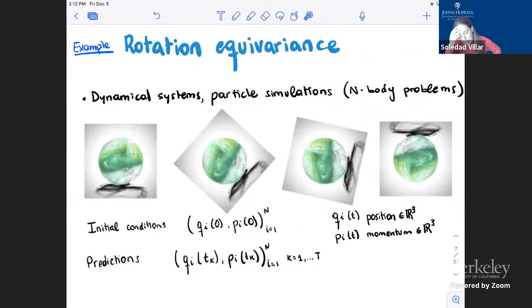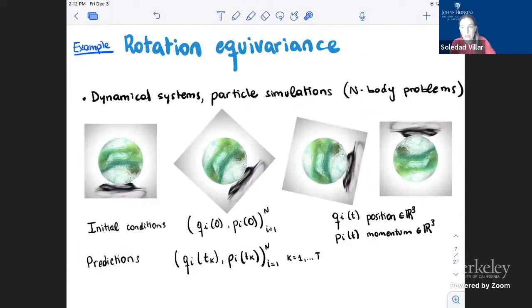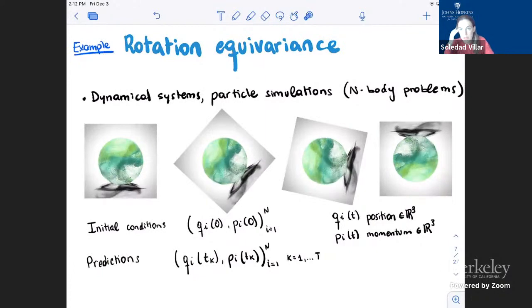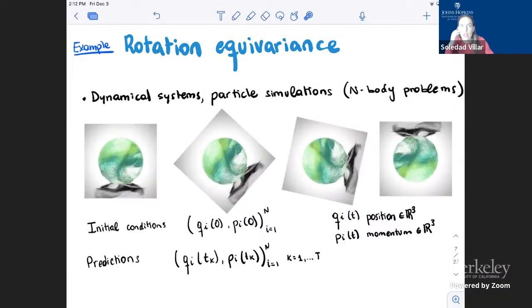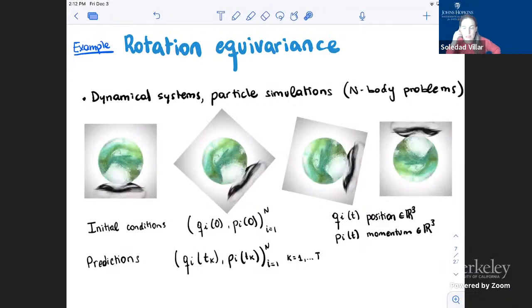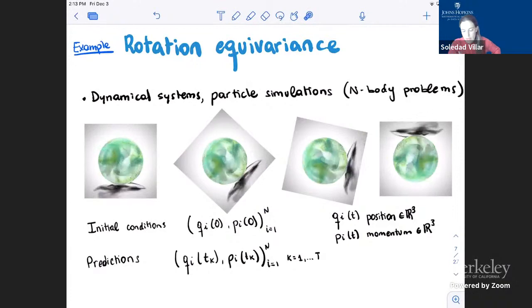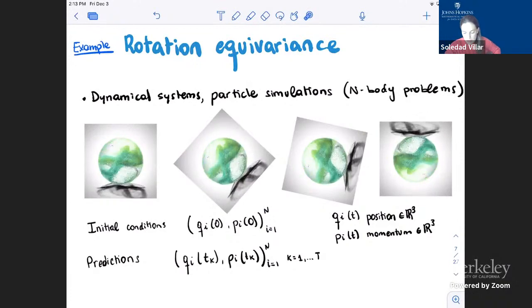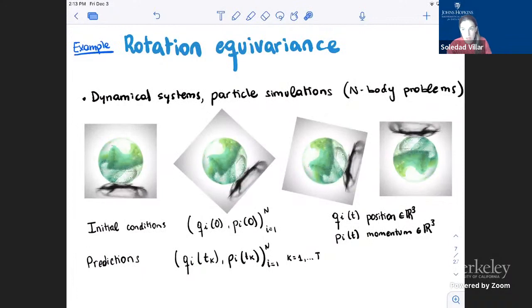So in these examples, I'm going to explain how you can implement it and what the mathematical theory is behind many of these systems that implement these equivariances. In this case, I have this particle simulation, and say I want to predict the dynamics from the initial conditions.